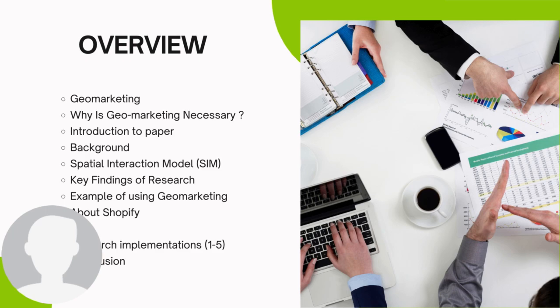Then we have our introduction to Shopify. I'll tell you about some of its USPs, unique selling propositions. Then we'll see how we can apply today's findings to Shopify's business model and help Shopify in expanding its business opportunities.